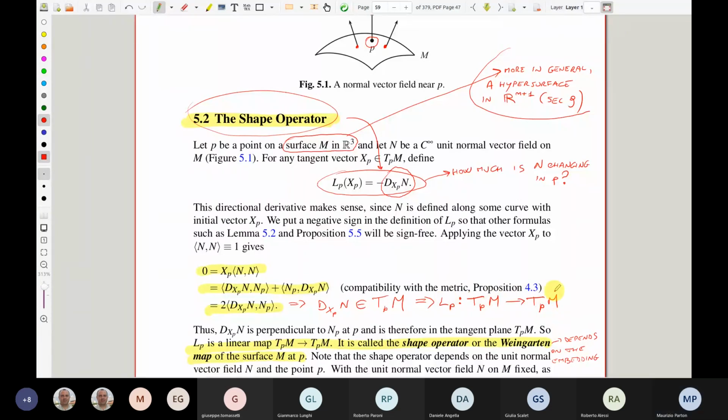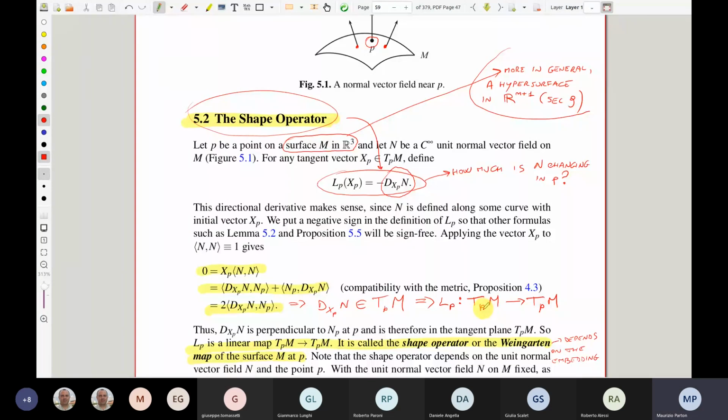Okay? And you know everything else because we already said this endomorphism, choose an orthonormal basis, show that with respect to the orthonormal basis of the tangent space, the matrix is symmetric.